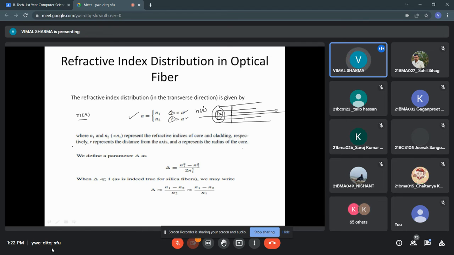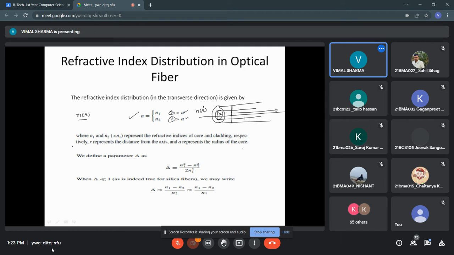Then the refractive index is n1, and when r is greater, I move a distance bigger than the radius of the core. I move out of the core region. Then there is a change in the refractive index, and it goes to n2. So this is how we write the refractive index profile.